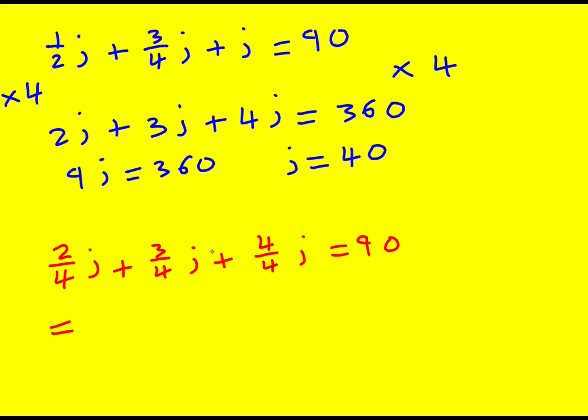And then we're just adding algebra like we would normally, just add the numbers up and stick the J in front. We're going to have that many lots of J. So it's going to be 9/4 lots of J is equal to 90. And then I would times 3 by 4, divide 3 by 9 in the same sort of way, and again, I would get J equals 40.